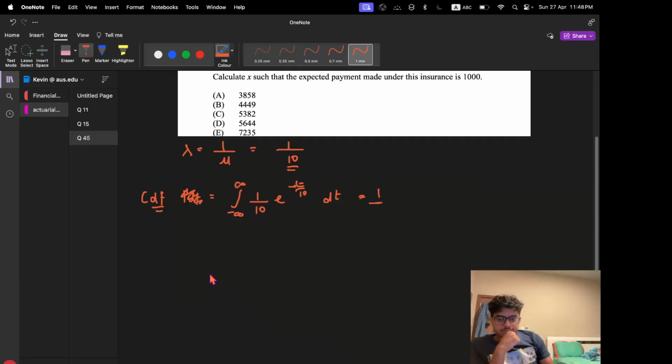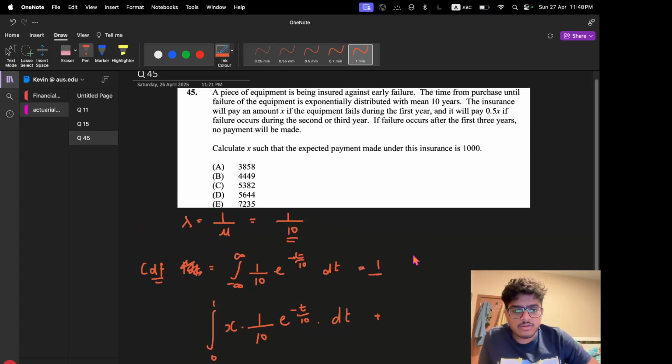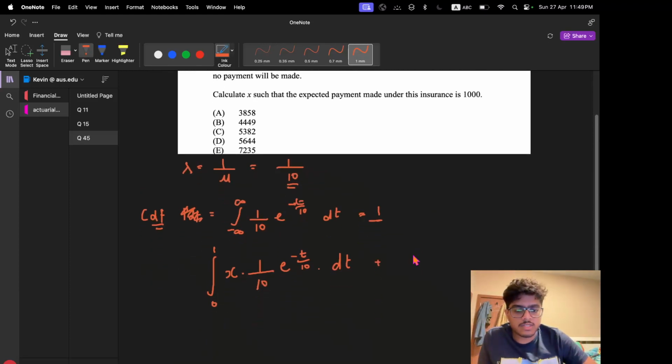So if it fails in the first year, that's from 0 to 1, we have X. And 0.5x for second and third, so that means from 1 to 3, so that's 1 to 2, 2 to 3. The x by 2 times 1 by 10 times.